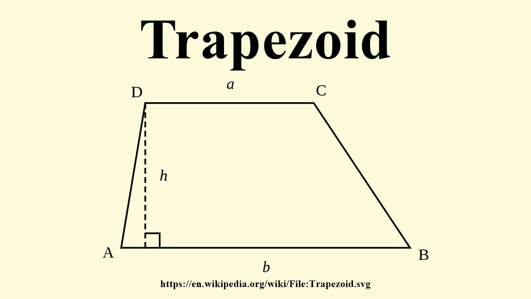Characterizations. Given a convex quadrilateral, the following properties are equivalent, and each implies that the quadrilateral is a trapezoid. It has two adjacent angles that are supplementary, that is, they add up to 180 degrees. The angle between a side and a diagonal is equal to the angle between the opposite side and the same diagonal. The diagonals cut each other in mutually the same ratio.